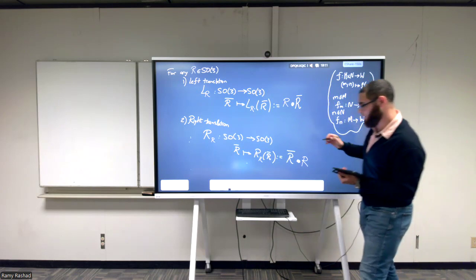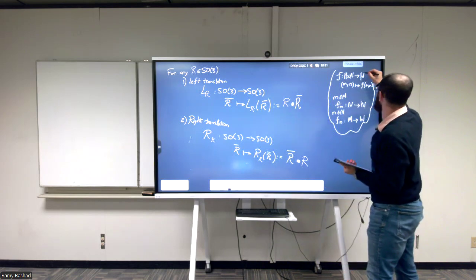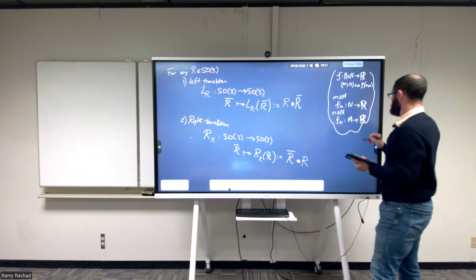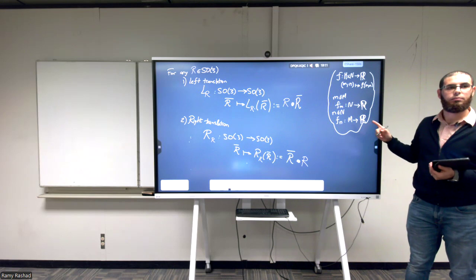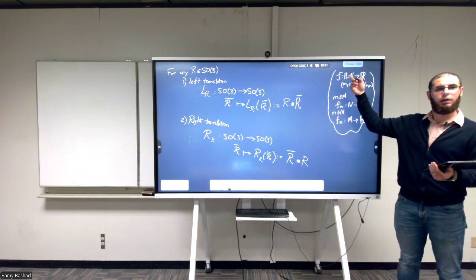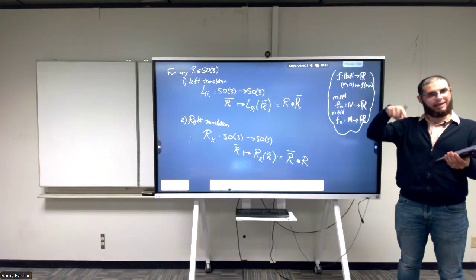Let's try to make it easier, just to make it clearer. Let's make this space W something in R. So I have a function that takes x and y, for example, and gives you R. It's a function of x and y.